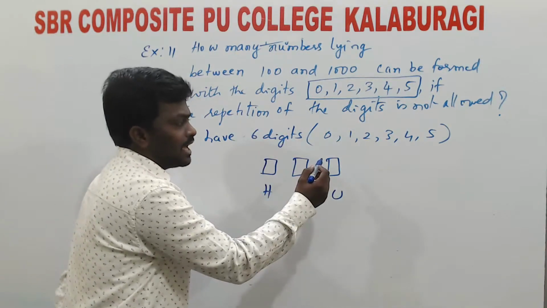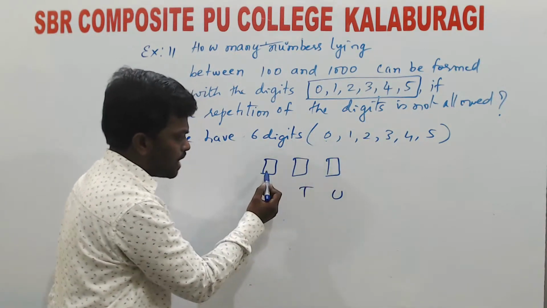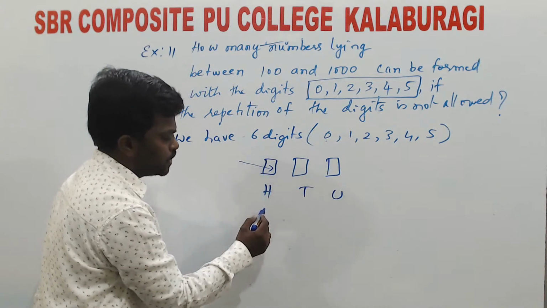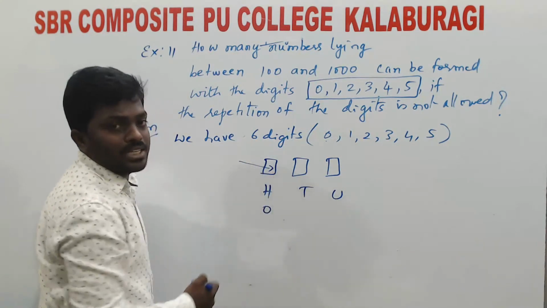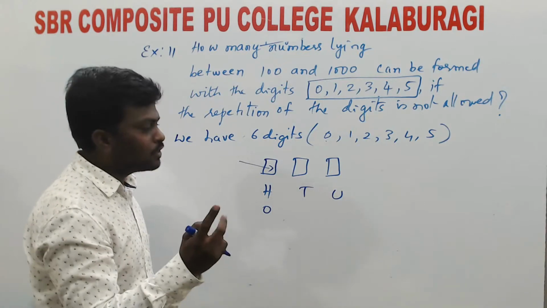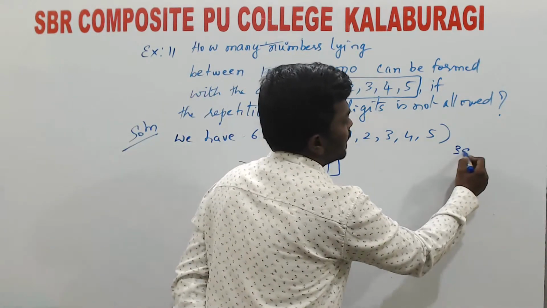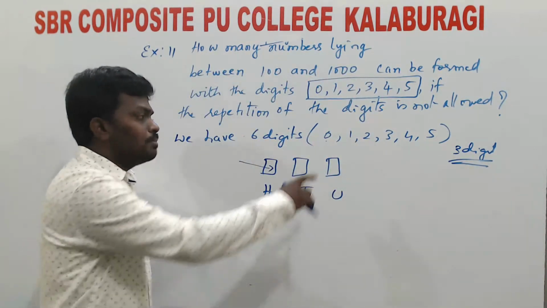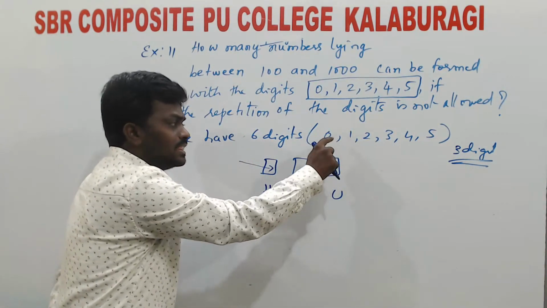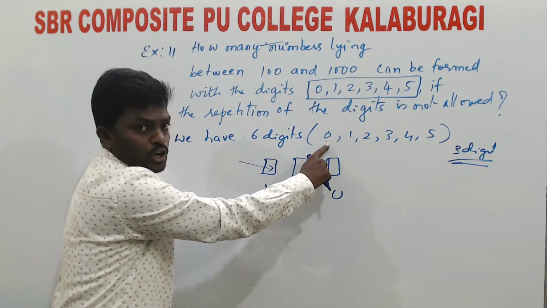The condition here is that you have to form a 3-digit number. But be careful, if we fix 0 at the first place, it will be nothing but a 2-digit number. In the given collection there is a digit 0 also.